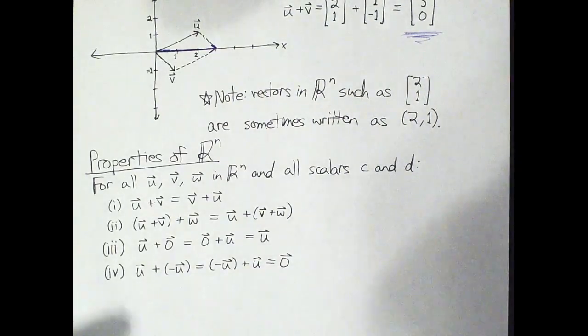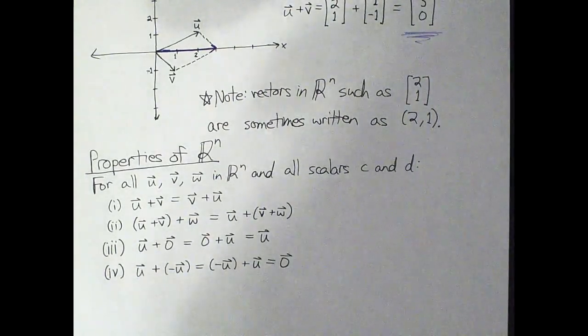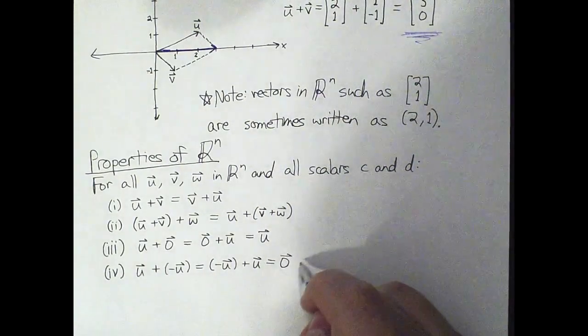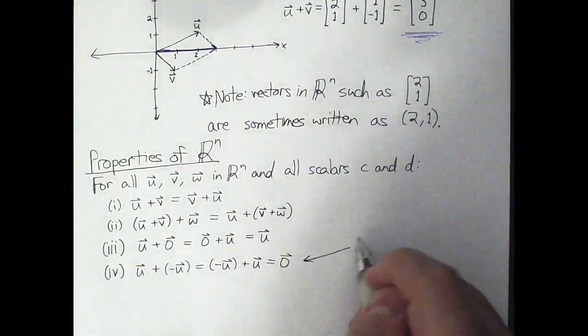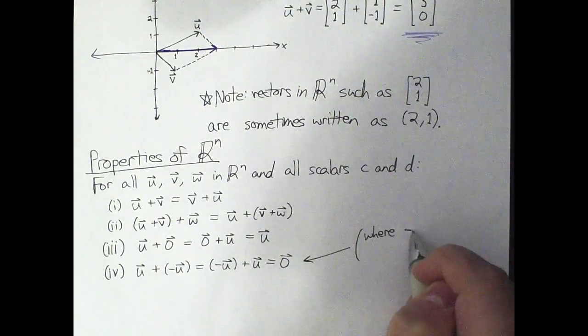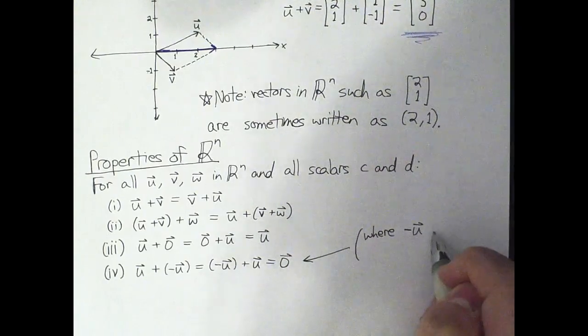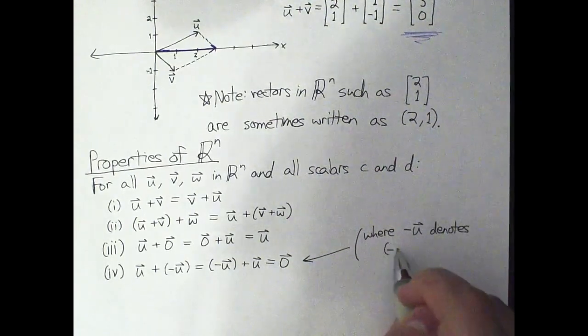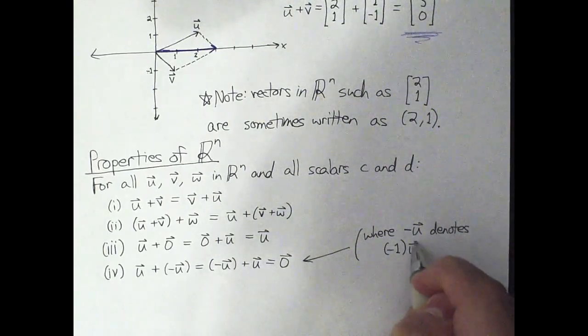We have properties like this for real numbers, like you could say 5 plus negative 5 is 0, right? But we're now saying these kinds of properties hold for vectors in Rn. I should tell you for this property, off to the side, I'm just going to say where negative u denotes negative 1 times u.